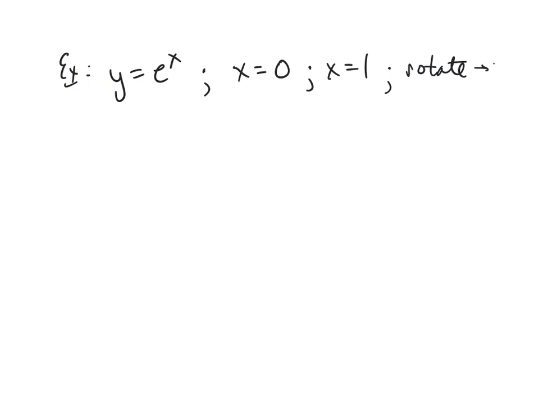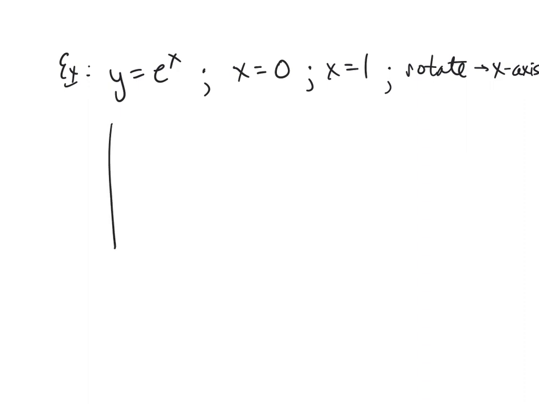Let's go with y equals e to the x. Let's use x equals 0. Let's use x equals 1. And let's rotate about the x-axis. And I'm going to ask you to find the volume of that solid.